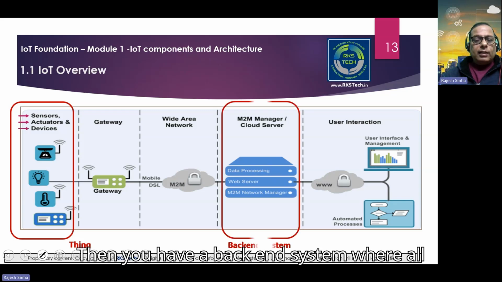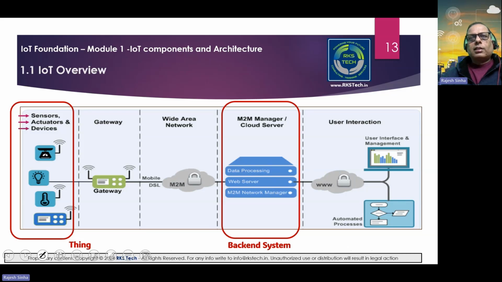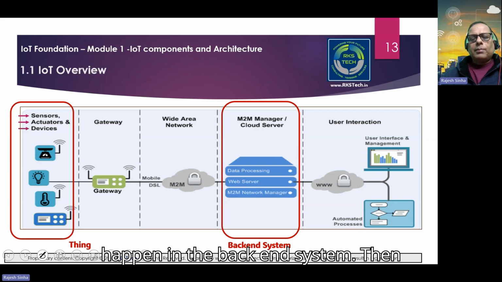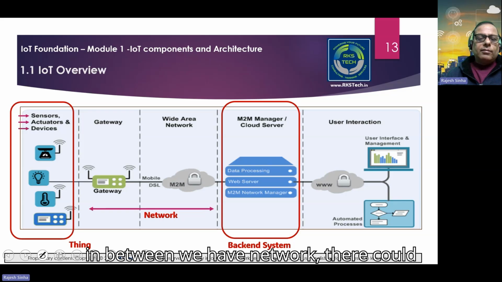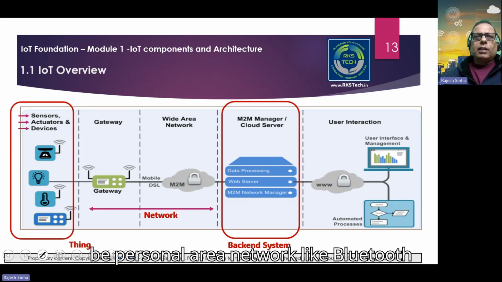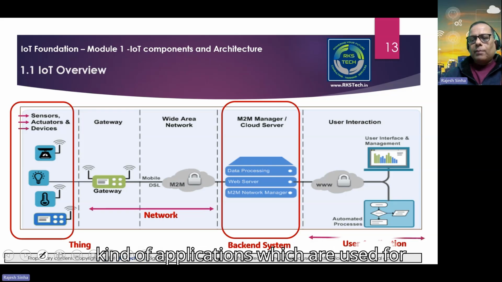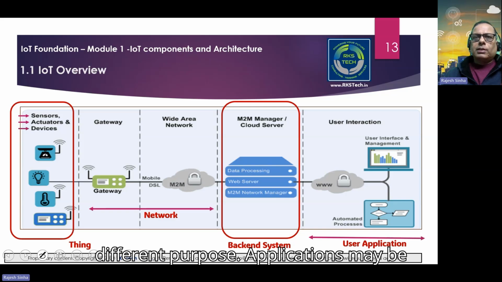All right. And then you have a backend system where all the data management, all the servers, your computing infrastructure will be there, and the majority of the processing will happen in the backend system. And then in between, we have the network. There could be LAN, there could be WAN, there could be a personal area network like Bluetooth or Zigbee. And then you have different kinds of applications used for different purposes.